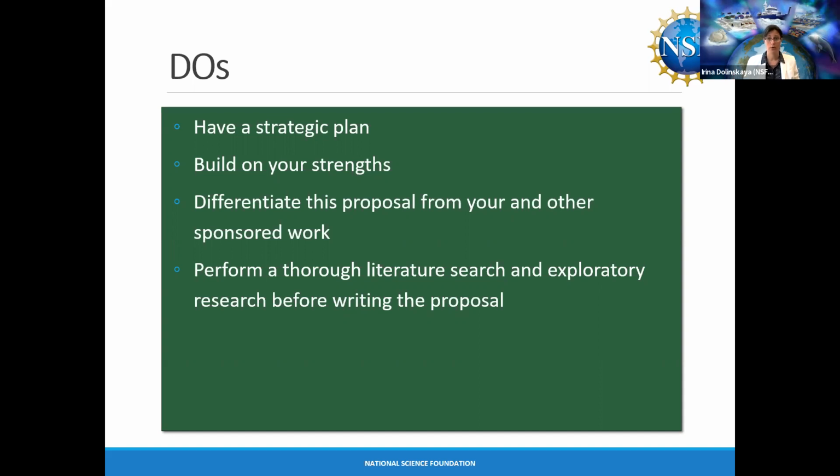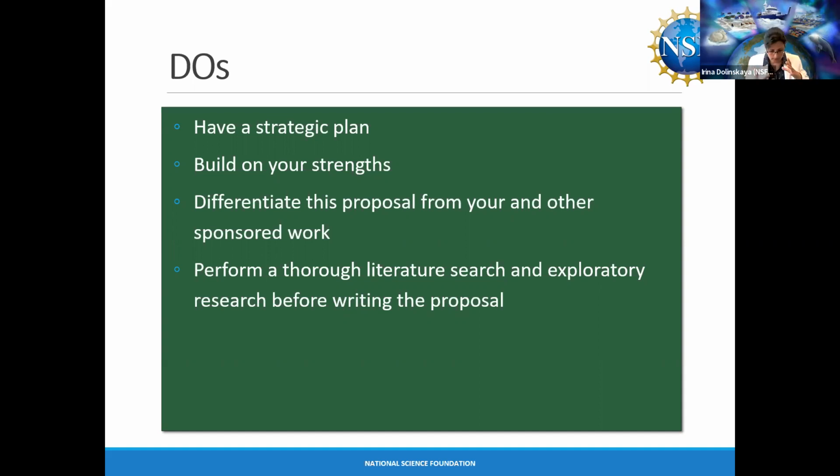Definitely differentiate this work from your other sponsored work. This is another common weakness I see in proposals: often PIs spend a lot of time and effort within the proposal document talking about the preliminary work.